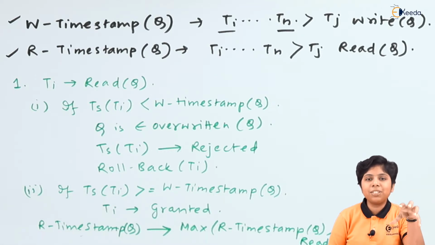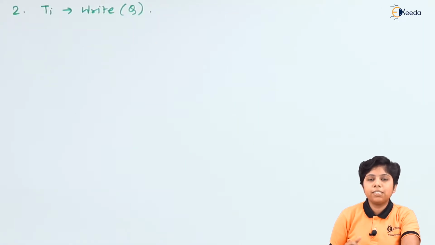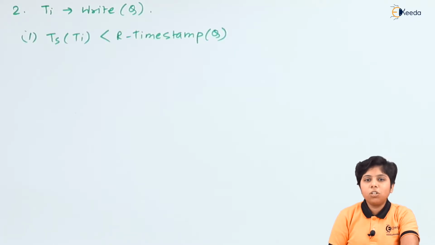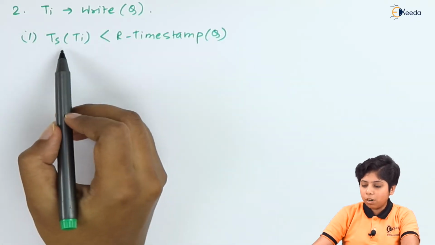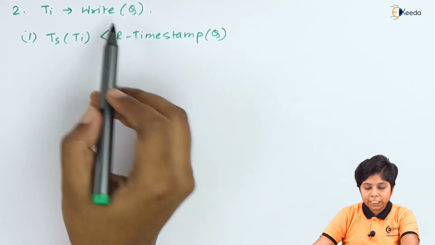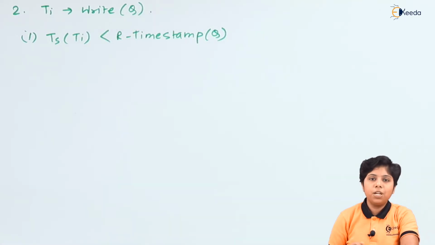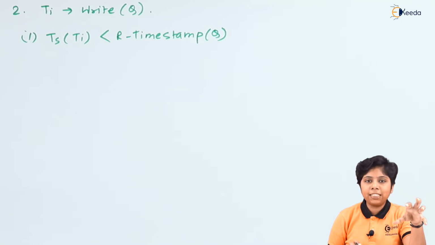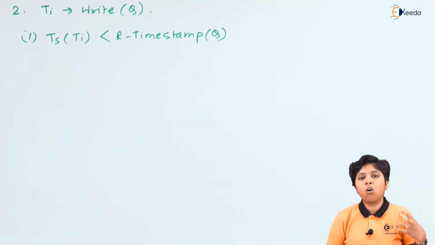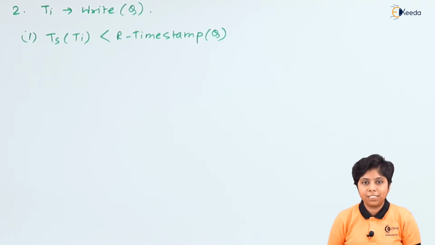Now what happens when Ti issues a write operation? Now the first condition we are using is TS(Ti) is less than R timestamp Q. So now my transaction, which is writing Q, is happening after the R timestamp Q. That means it is writing a value that was already needed or previously needed, and it is assumed that the transaction would never produce this value.